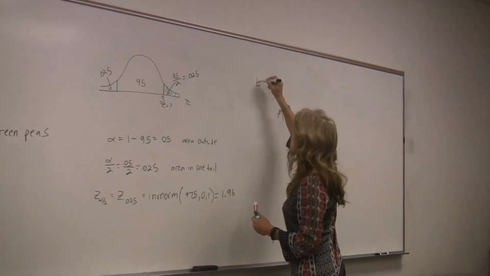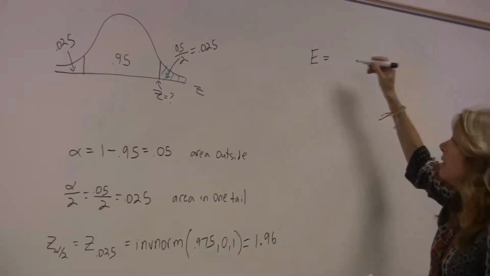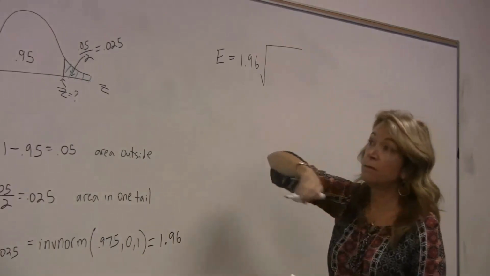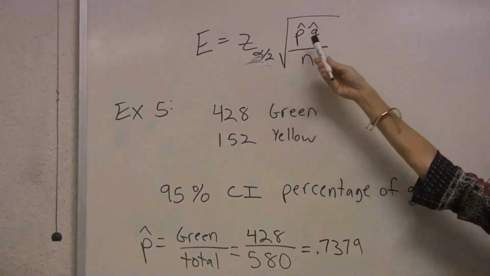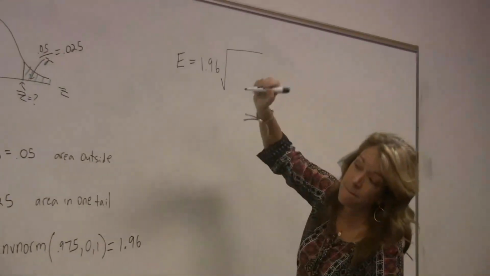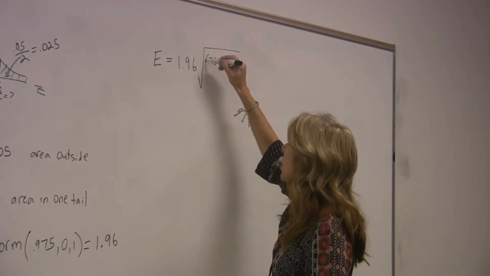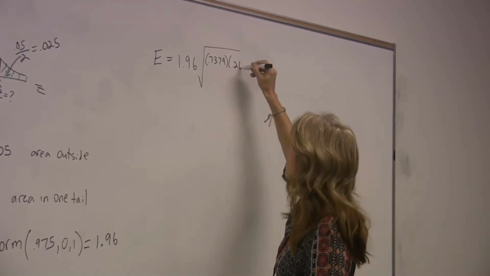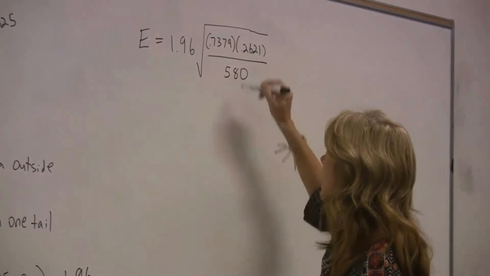So E equals my Z comes first, which in this problem was 1.96, times the square root of P hat, which was 0.7379, times Q hat, hang on, I gotta multiply it by Q hat, 0.2621, all divided by my N, which was 580.